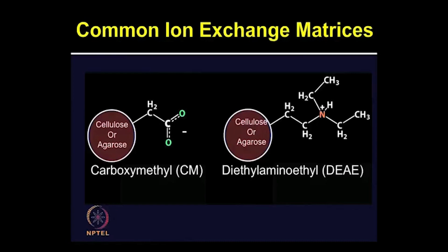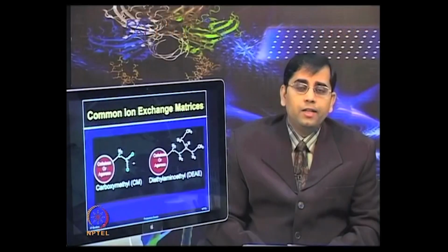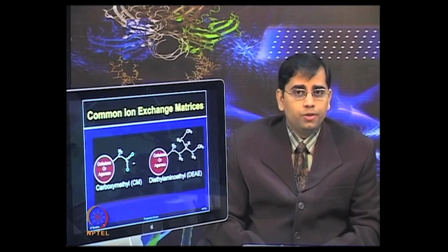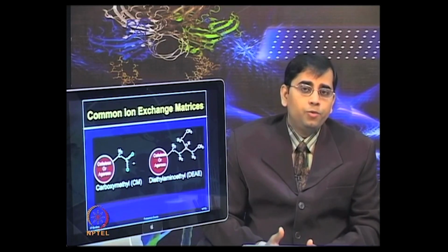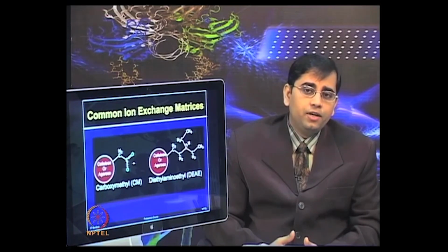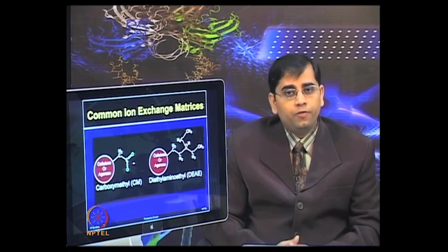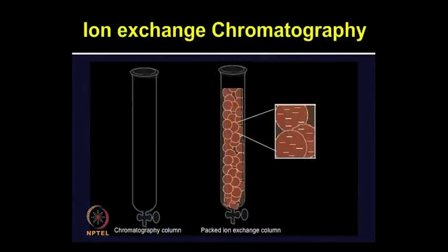So, when a desired protein is positively charged, cation exchange chromatography should be used. When a desired protein is negatively charged, the anion exchange chromatography method should be used. In ion exchange chromatography, the column is packed with a resin, whether it is a cation or anion exchanger, depending upon the charge of the protein that needs to be bound to the column and purified.